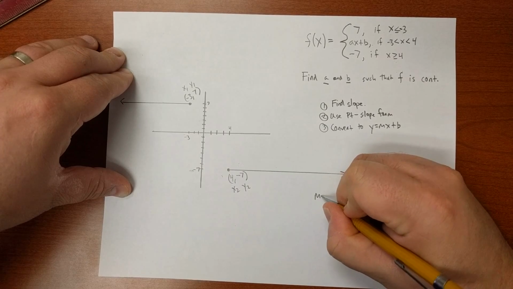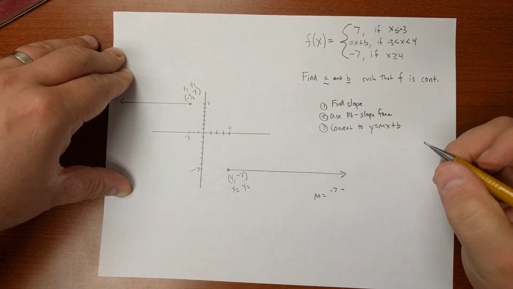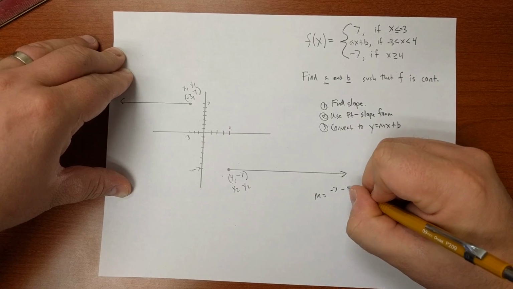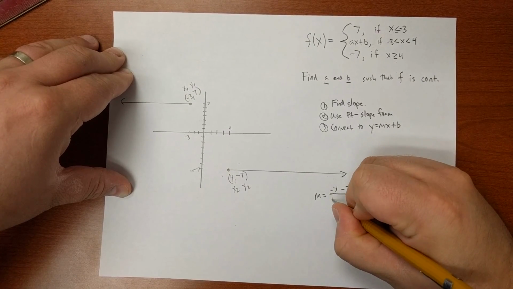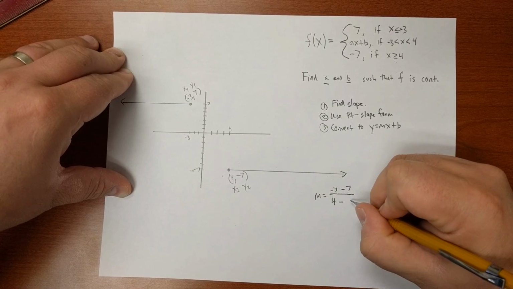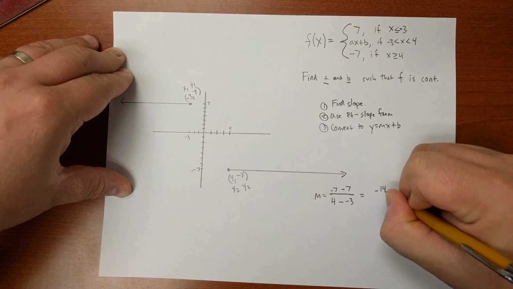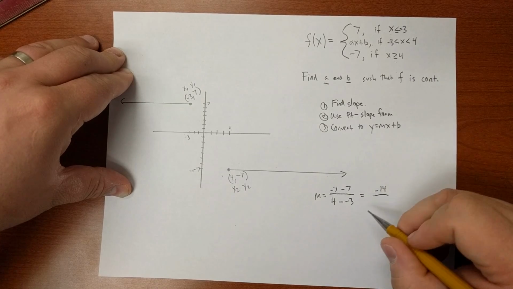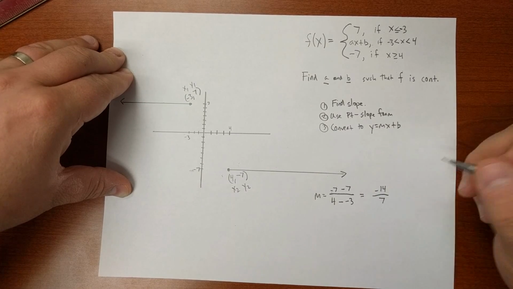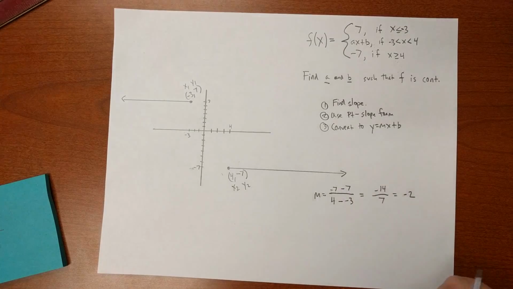So m equals y2, so -7, minus y1, which is 7, over x2, which is 4, minus x1, which is -3. So we get -14. Be careful of those negative signs. -14 over, that's +7, equals -2.